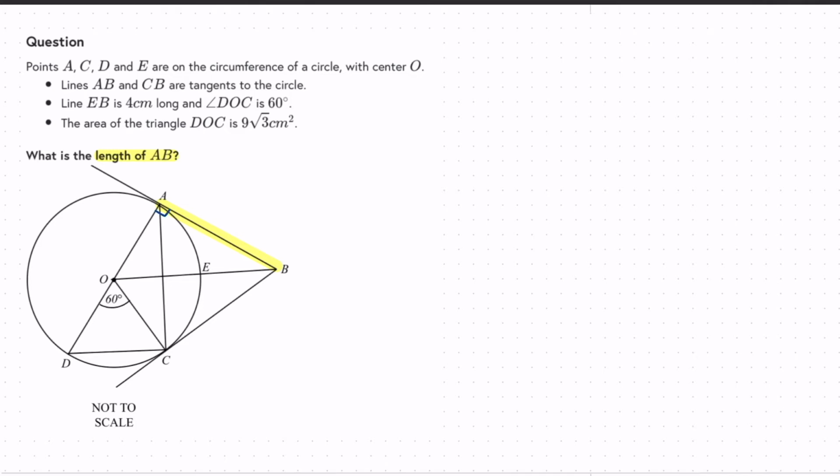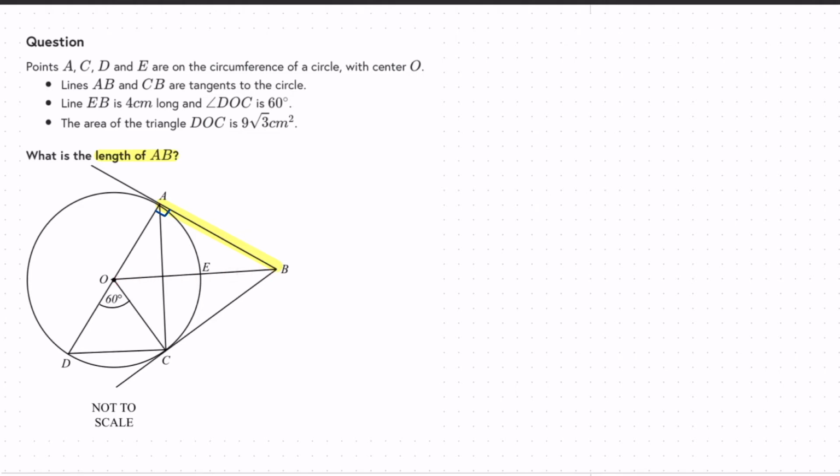So immediately, what I want to do is start writing down some information I know. And I know because lines AB and CB are tangents, OAB is a right angle. And there are a couple of things that I can use to help there. I know with my right angles, this line squared plus this line squared is equal to this line squared.